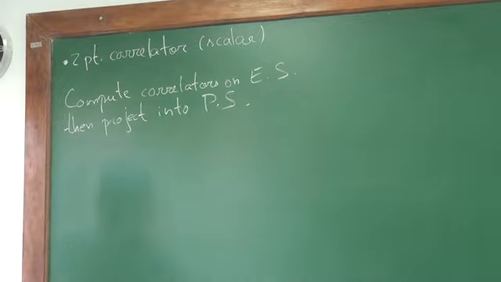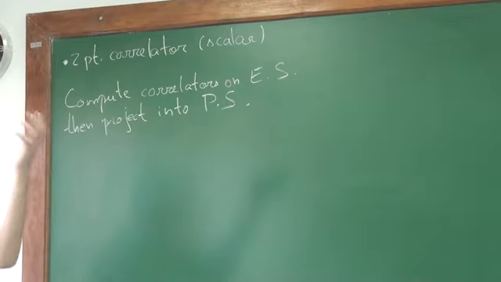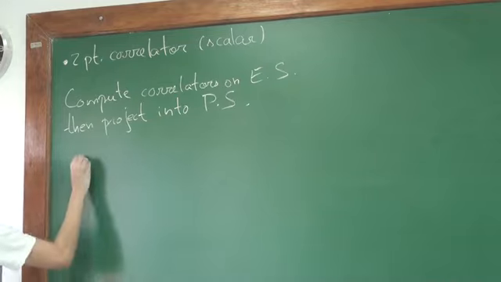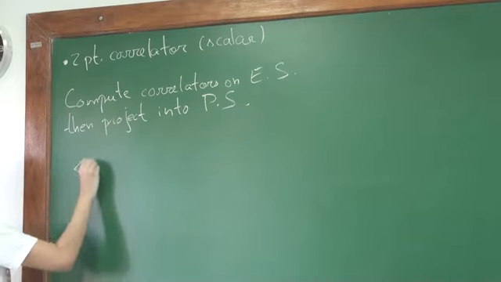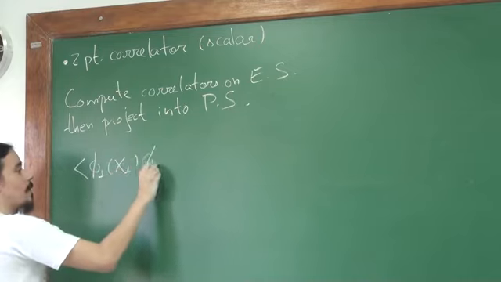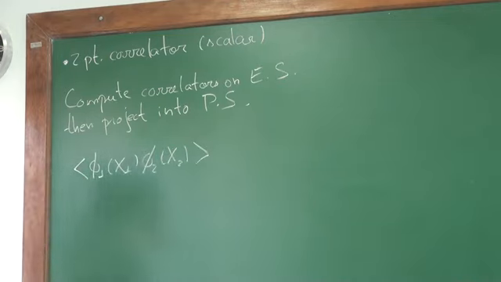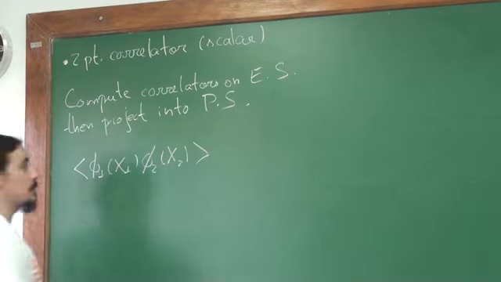Okay, and this task is easy on embedding space because you just have to care about rotational invariance. So if I take two scalars, phi1 at point x1 and phi2 at point x2, they are different scalars in principle at two different points.